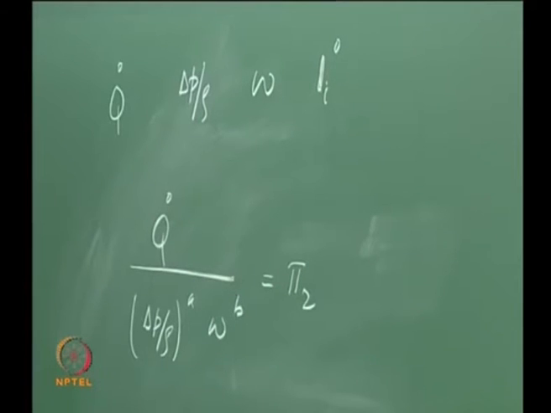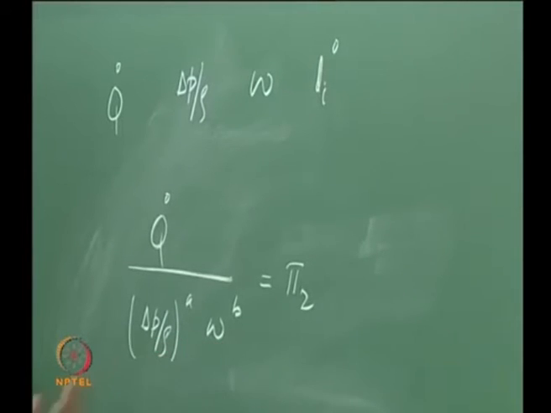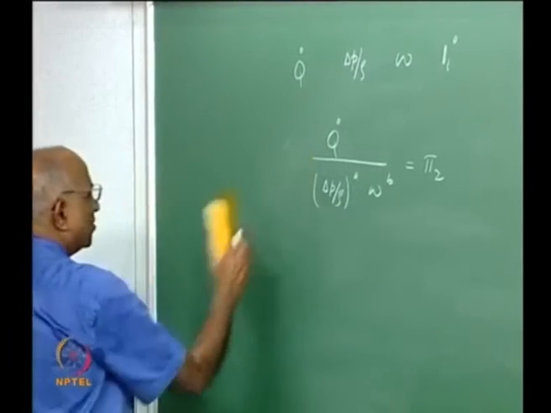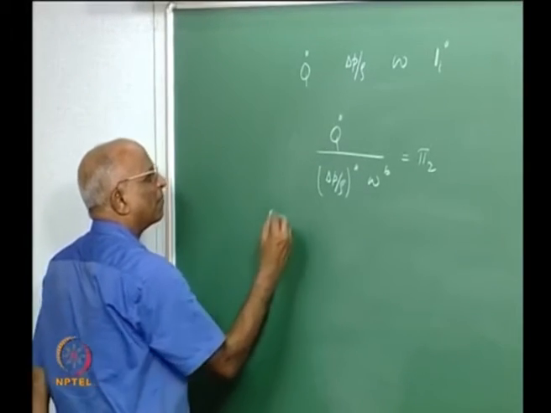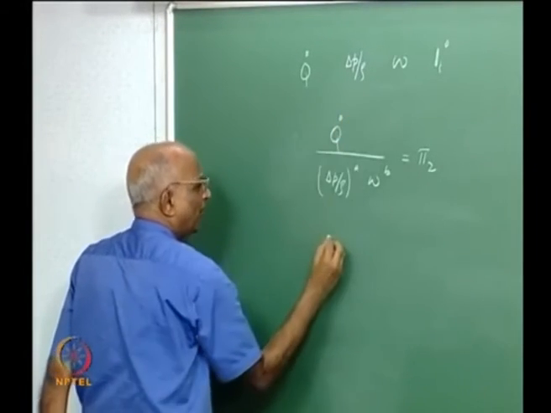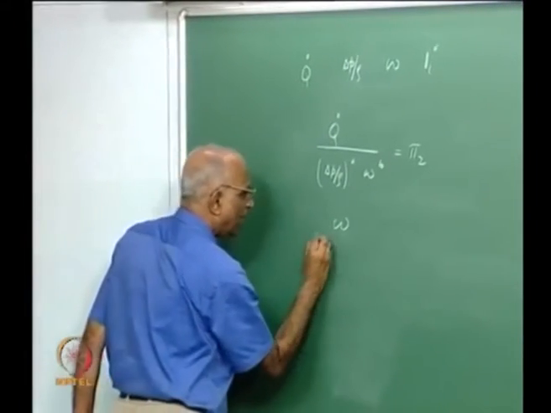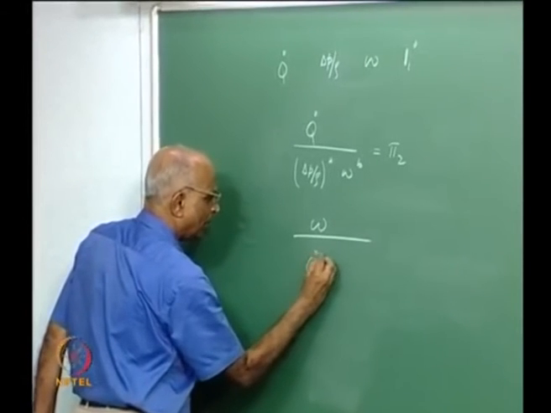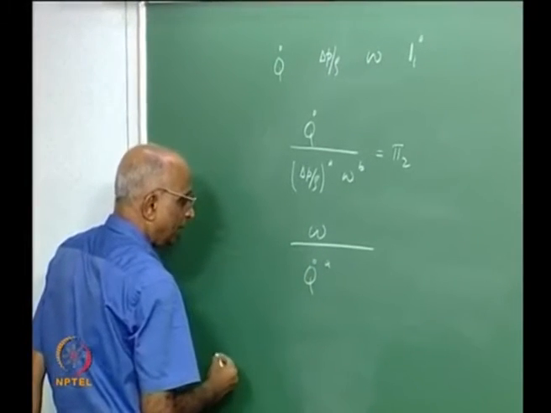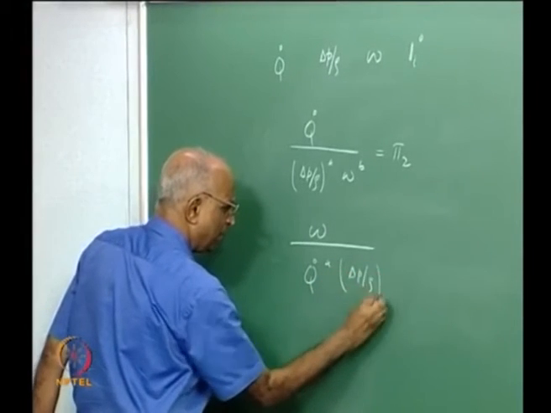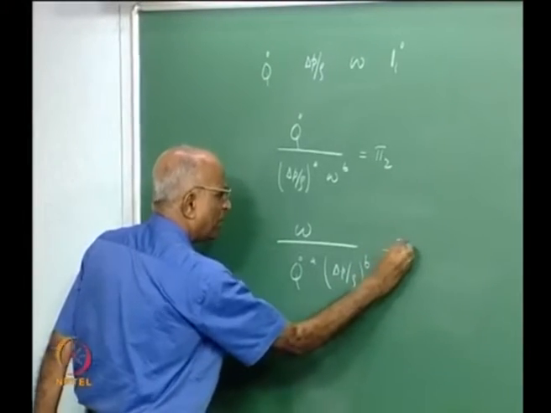If I were to look at this, what would I get? Should I really take this over here, or should I take something over here? Why should omega come over here? Let me consider again, instead of putting q dot, if I am interested in omega over here, and then I put omega in terms of q dot to the power a, and the other term delta p by rho to the power b, this could also be a non-dimensional parameter.